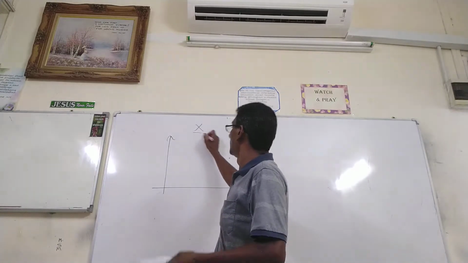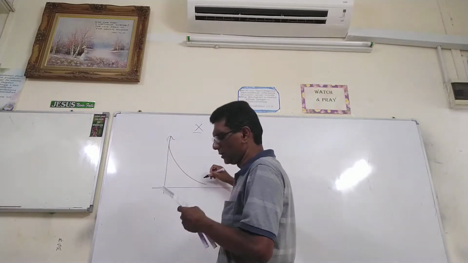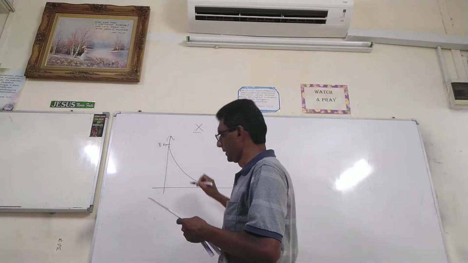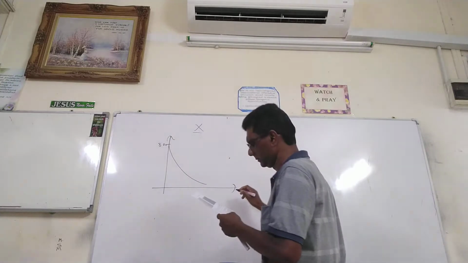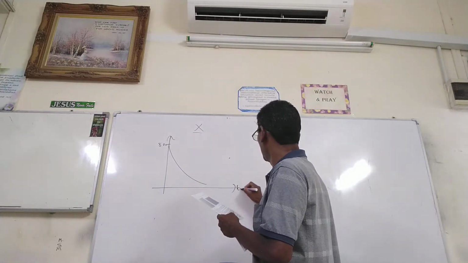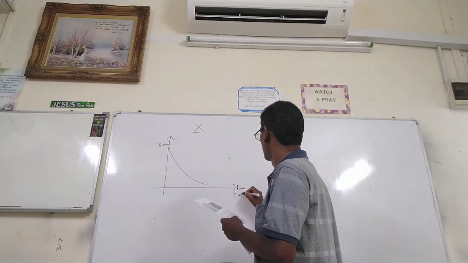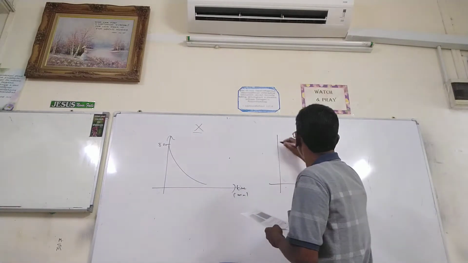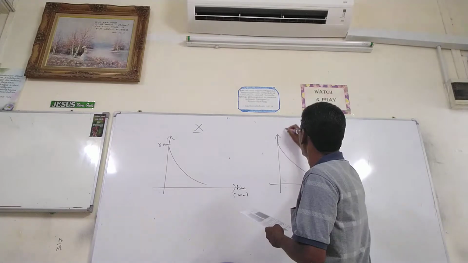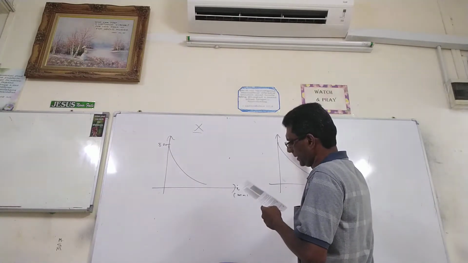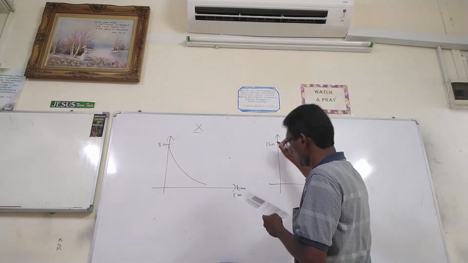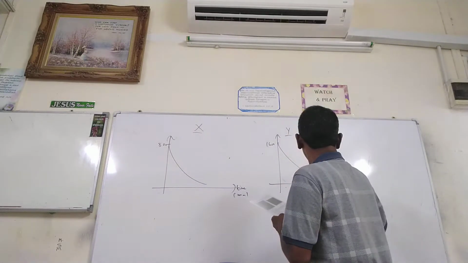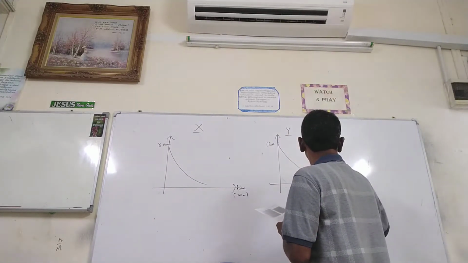This is X, the activity is 800, and the time is given in minutes. This is Y, the activity is 1600, and the time is in minutes.